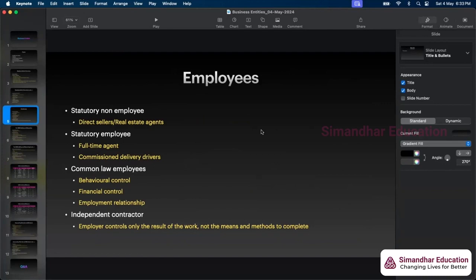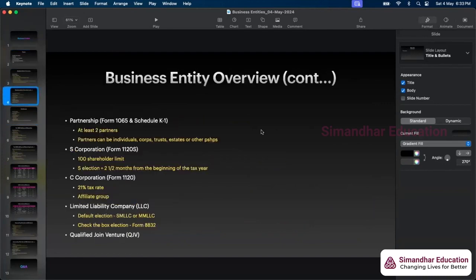Yeah, sure. Let me just go back to this slide. So when I was talking about S corp, just to refresh, there's a 100 shareholder limit. And I was talking about the hybrid nature of an S corp, right? So it has limited liability protection. In a partnership, depending on what type you have formed, it can have general or limited liability, so it can be unlimited or limited.